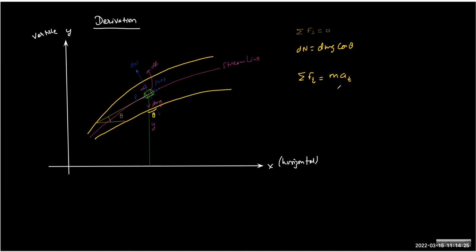So can you guys substitute the value of the net force along the tangent? Can you substitute? And if you substitute, what will be the answer? Looking at the diagram, tell me the answer. What should I write here?